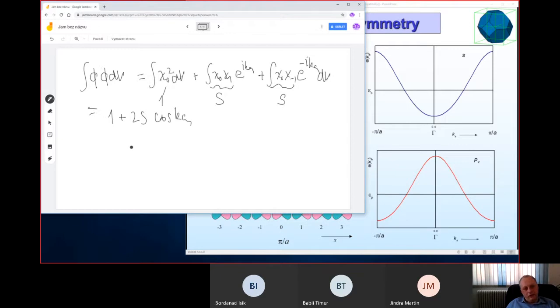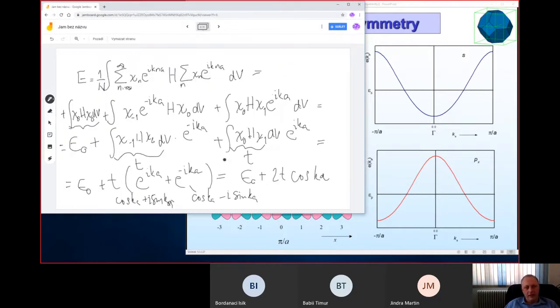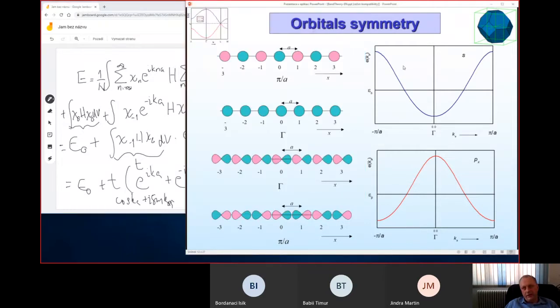And we should in fact divide the result obtained on the previous slide by this overlap integral. But in these figures, this denominator, this overlap between the nearest neighbors, is neglected.